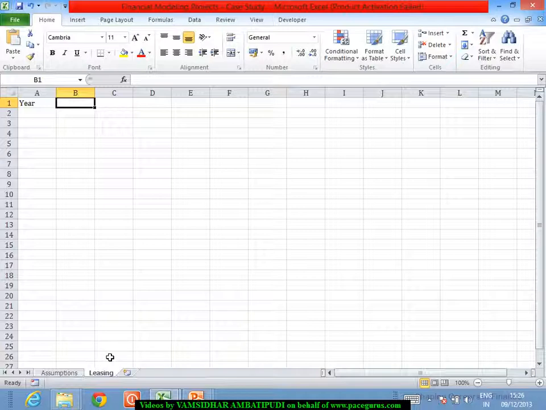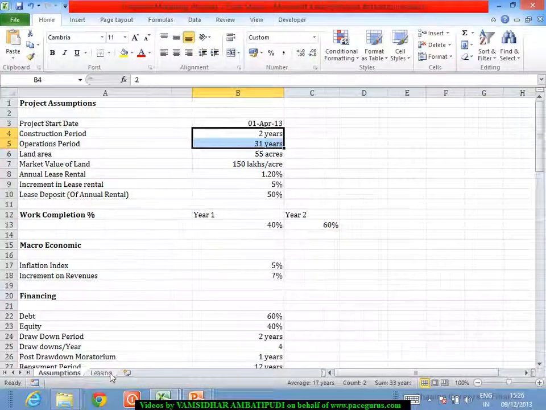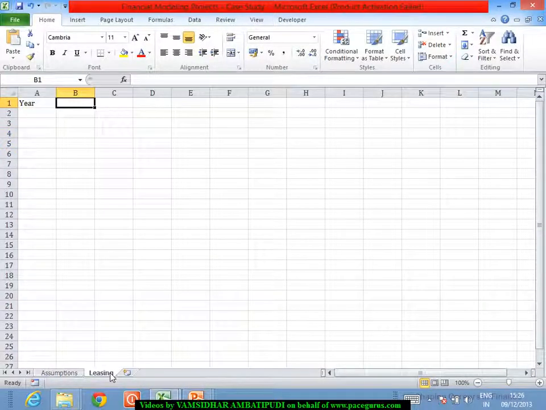So every sheet, probably let it contain this particular information which talks about the year number, and let these years be dynamic. When I say dynamic, let them be created based on the total number of years of construction as well as operations. How do I do that?